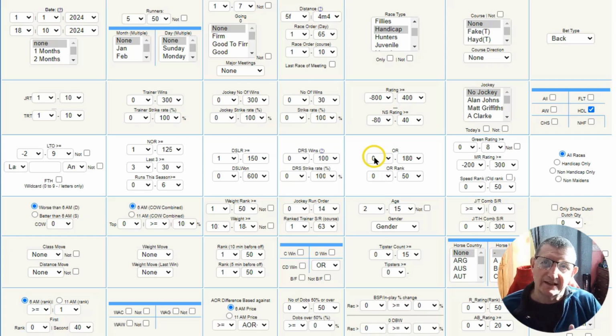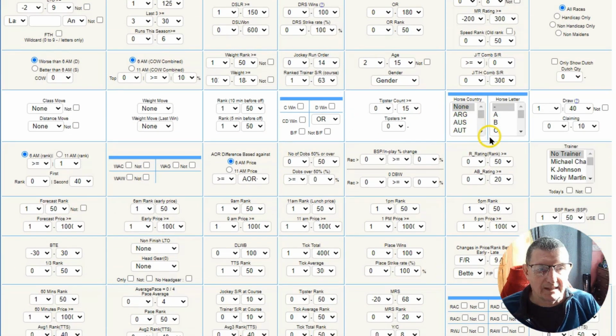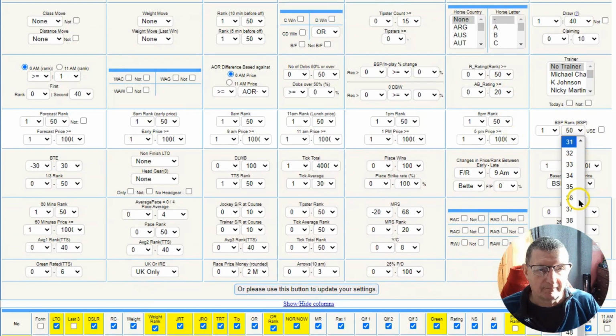You get hurdle races all the way through the year, and you know there won't be so many during the summer period, but there are still races during that period, so it's worth having a system like that to play around with. As I said, we're going to stick to favourites, so we'll turn this to 1.